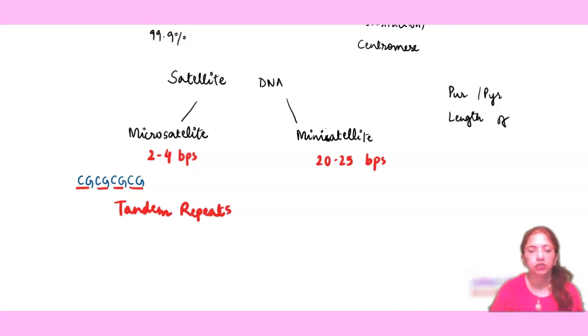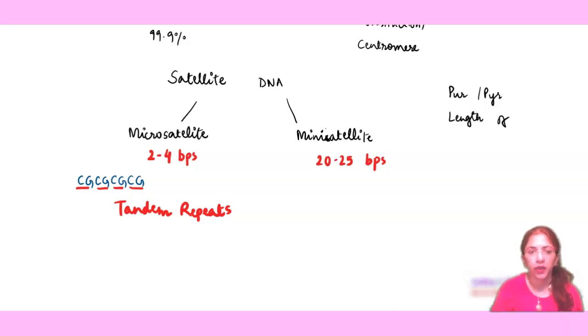So in the case of microsatellites, I may have CG, CG, CG and so on, or you may have CGA, and CGA makes 3 nucleotides. So you may have CGA, CGA, CGA. Your friend may have ATA, ATA, ATA. Okay. So this way repeats are different in my body, your body and someone else's. That's why we are different from each other. But the number of base pairs will range from 2 to 4 if we are talking about microsatellite DNA.